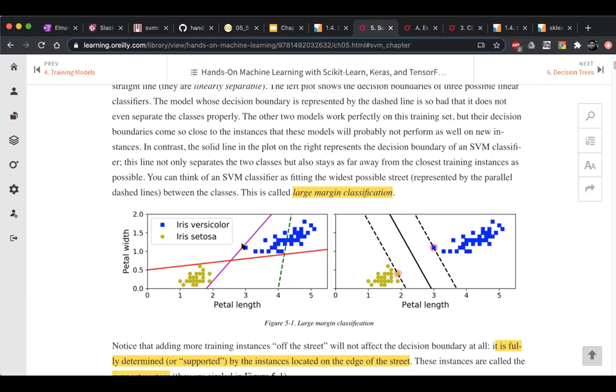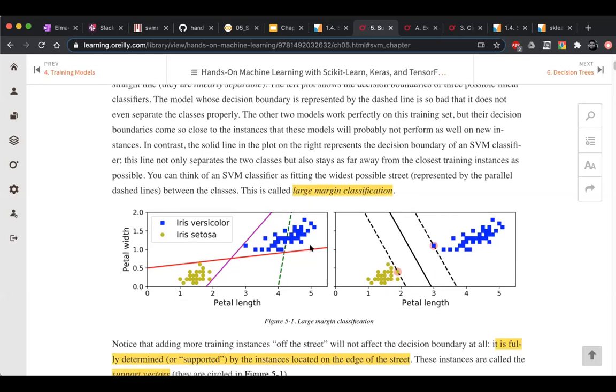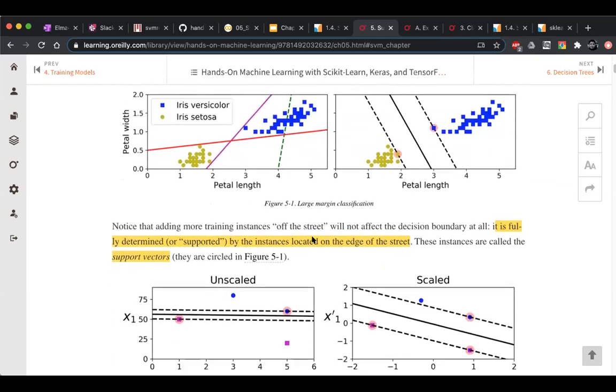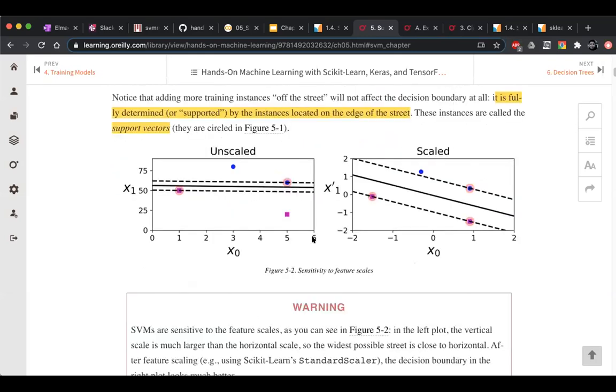So obviously these are not such lines, and this is what we want to achieve. And SVM has its own characteristics. It's very sensitive to scaling. For example, if you have unscaled features, where this one is from 0 to 6 and this one is from 0 to 100, you are able to fit a street between these blue and purple points, but the street is narrow.